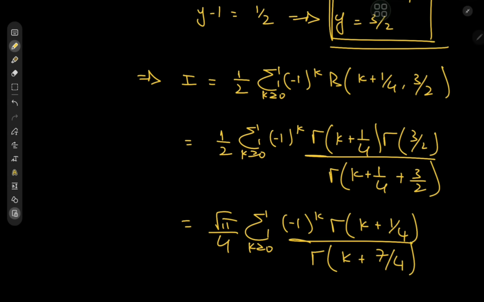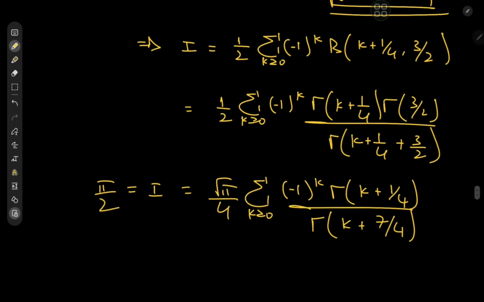And this is the sum that we have on the right-hand side. And on the left, we have I, which we know to be equal to pi by 2.